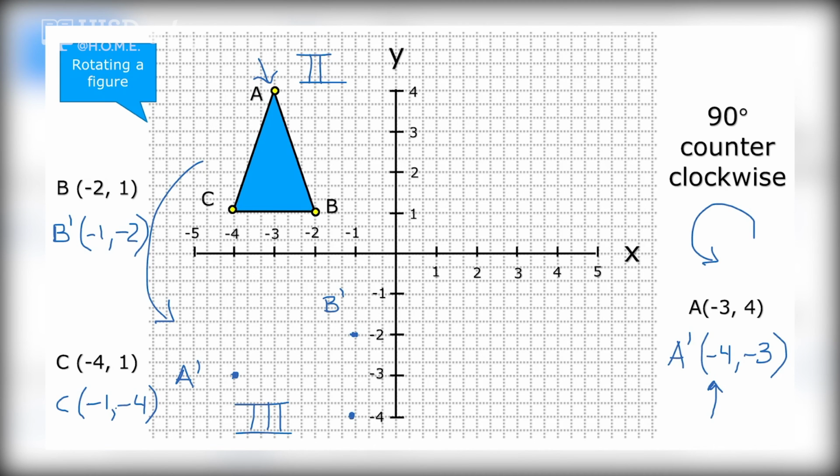And now we can see that the new image is gonna be rotated again 90 degrees counterclockwise, and that's how we do a rotation on a coordinate plane.